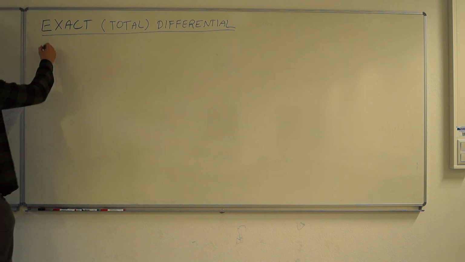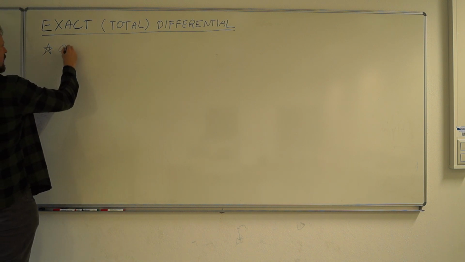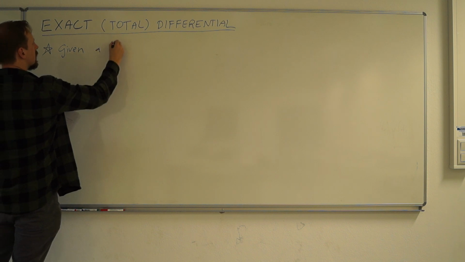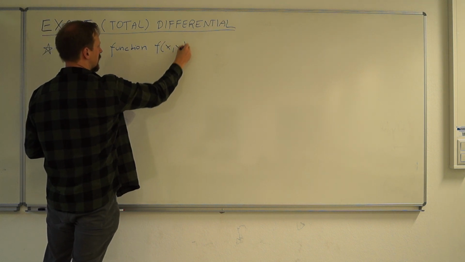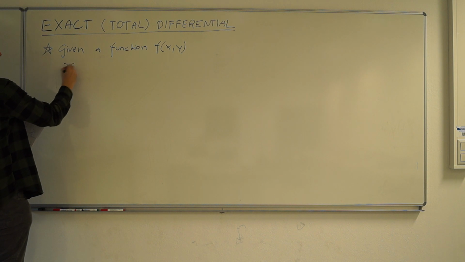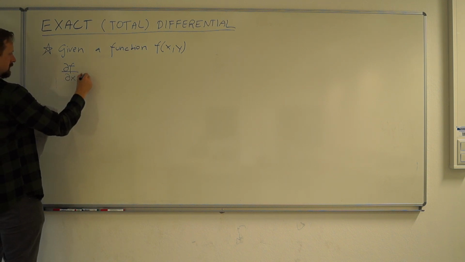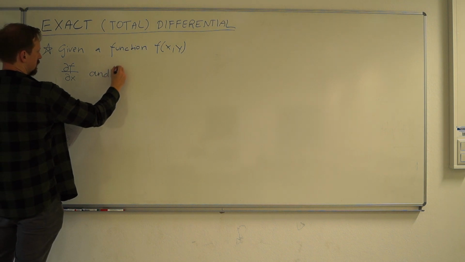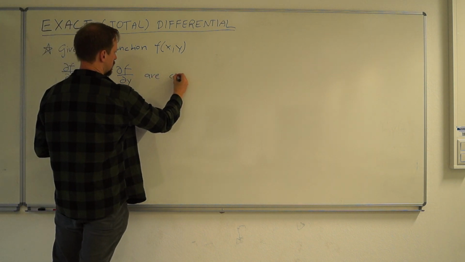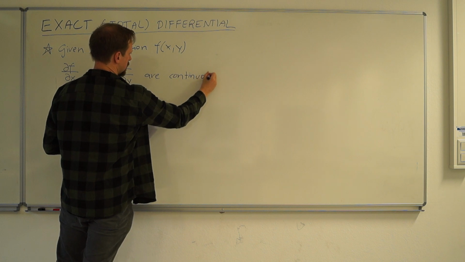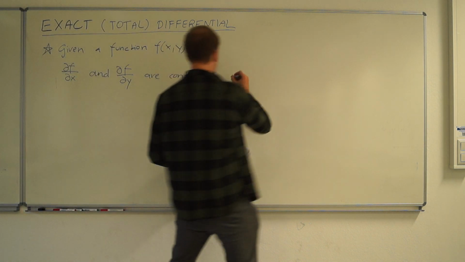prerequisites. Namely, first, I would like to state that we are given a function f of x and y, and the partial derivatives of this function are continuous at an arbitrary or given point x naught, y naught.